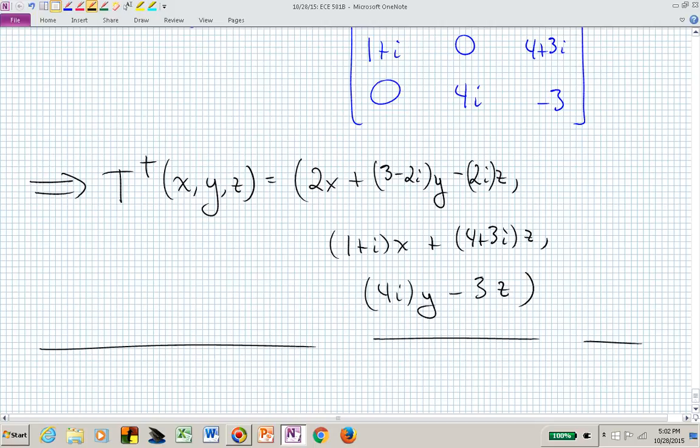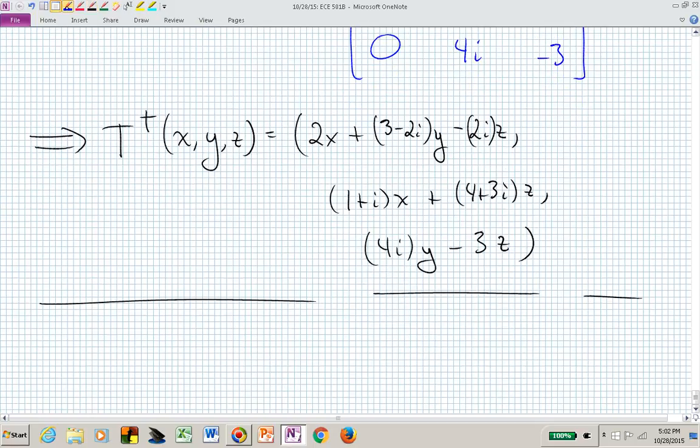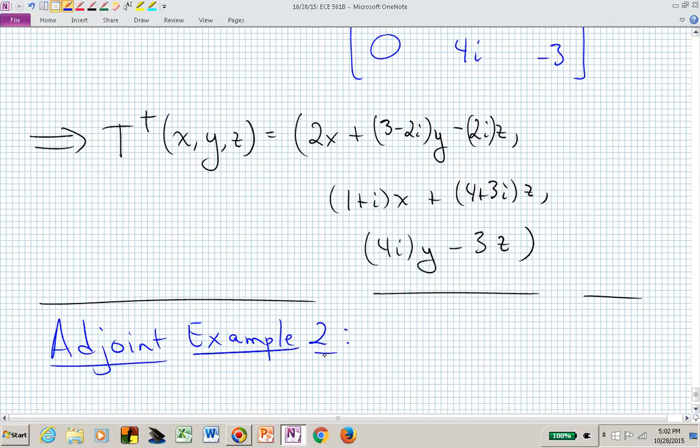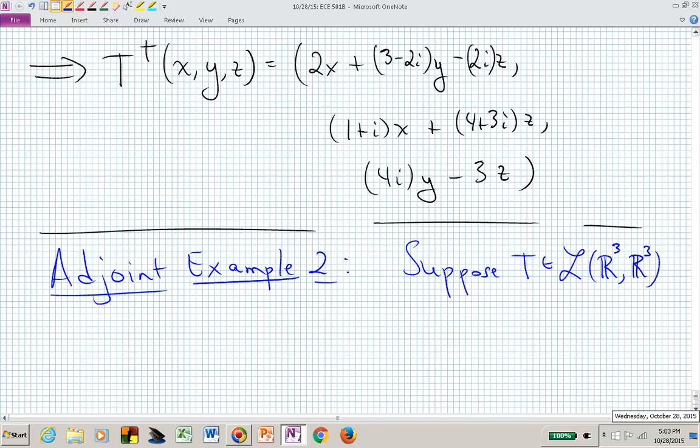What if I now look at another, maybe an easier example? Maybe we started with the hard one. I didn't hear any rumbling, so I'm assuming we were okay on that first example. Suppose now that T is in R3, a linear map from R3 to R3.